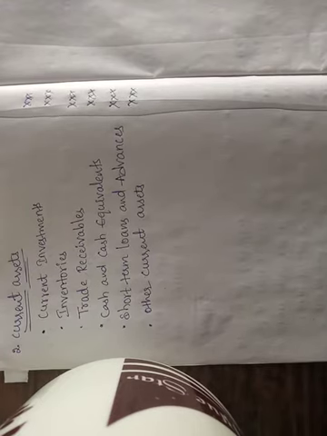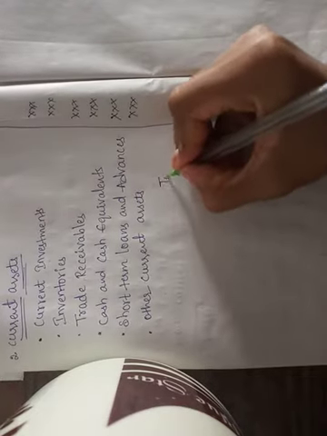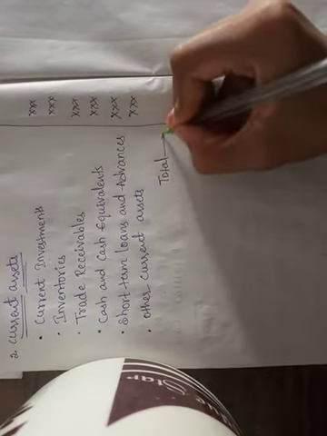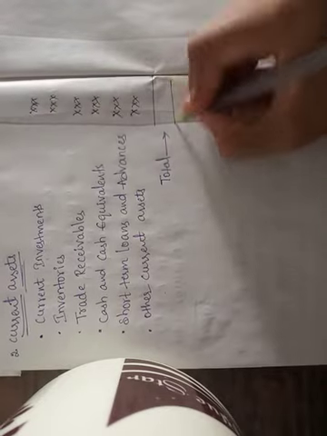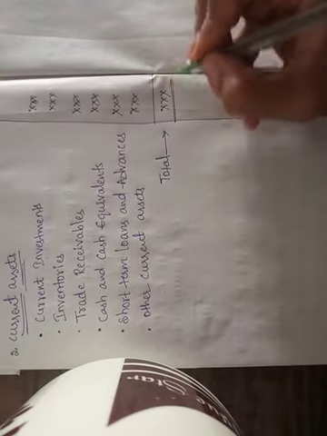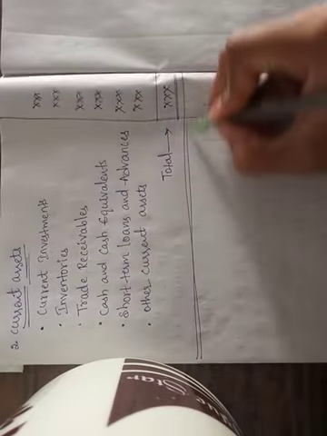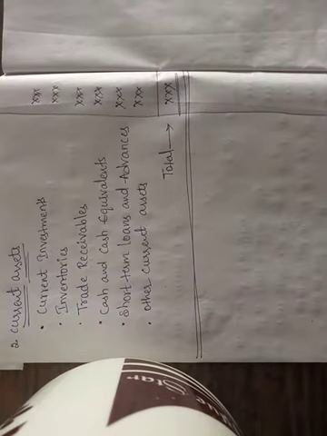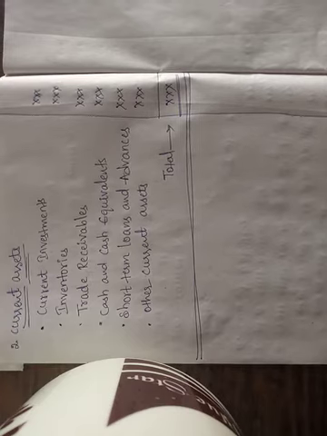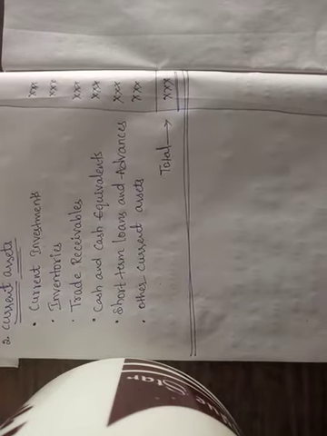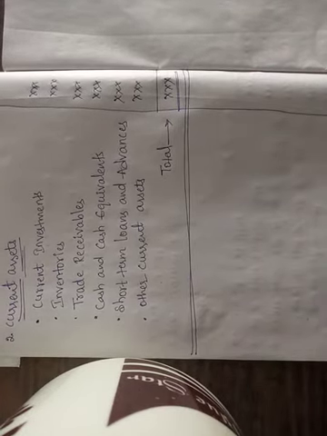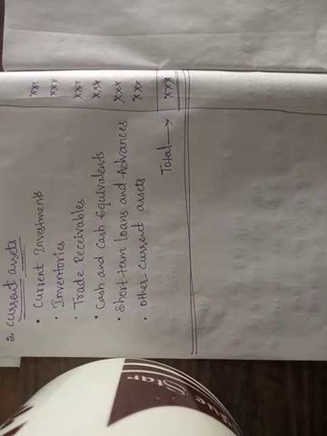After completing these assets, we will do the total. Now close the balance sheet. In that balance sheet, it will be correct if you tally the liabilities amount and assets amount and they are equal.